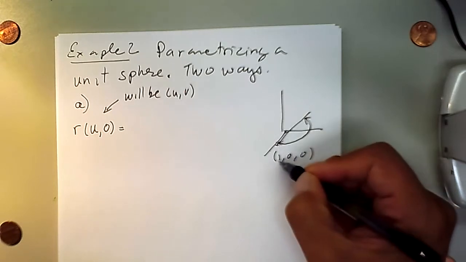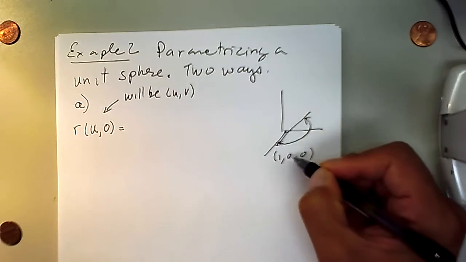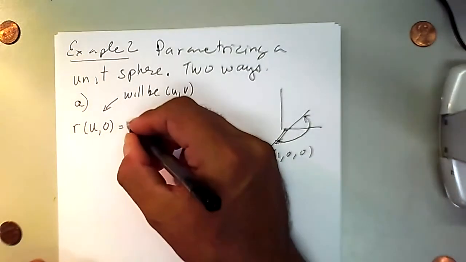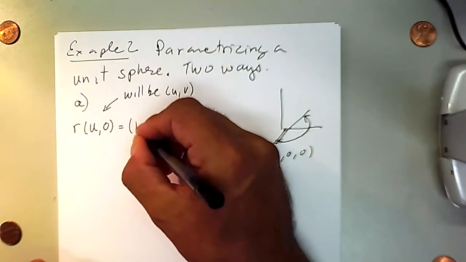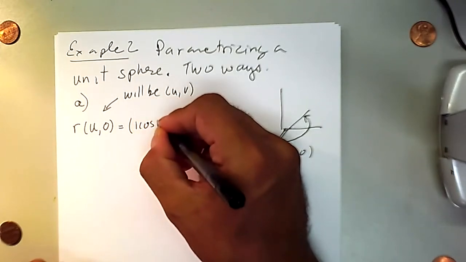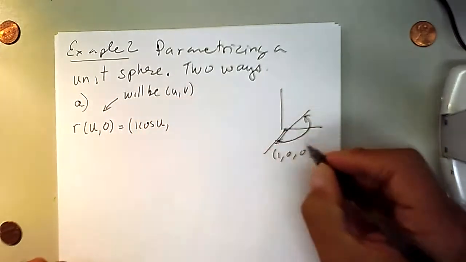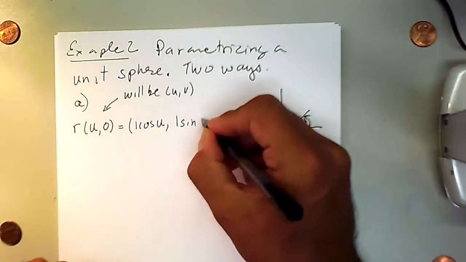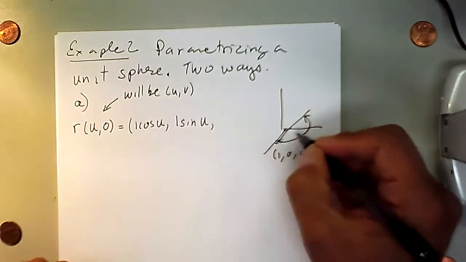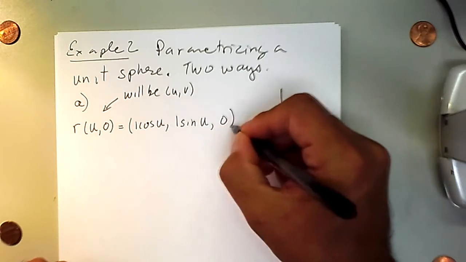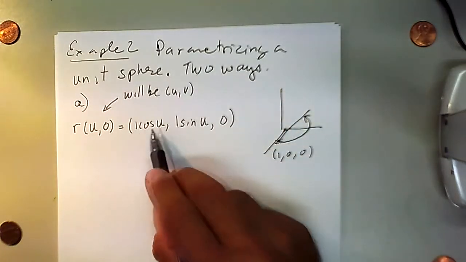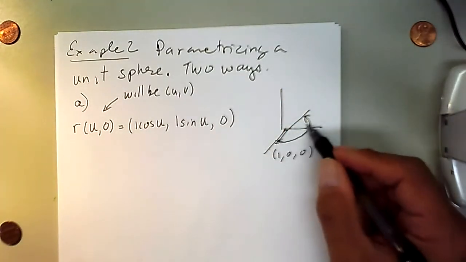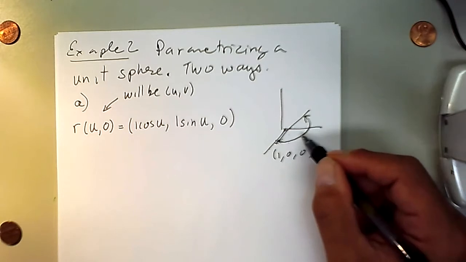That means we're going to put 1 cosine u, comma, and then the y is going to be 1 sine u, and for now, 0. We shouldn't need to put the 1s, but I want to emphasize that the radius is 1.